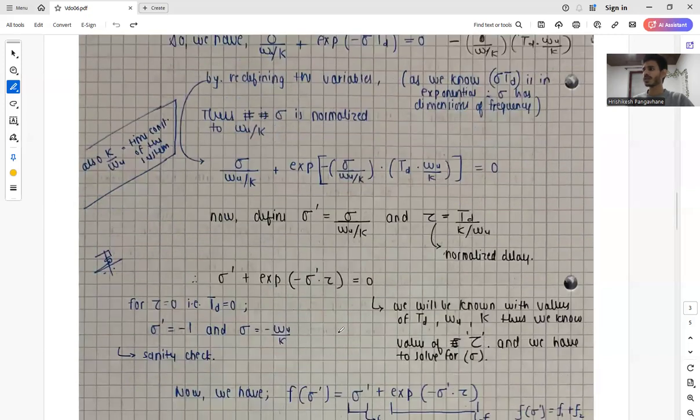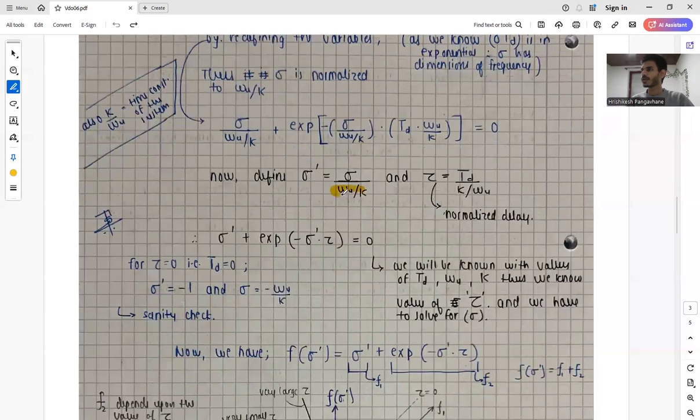Now we will know the values of time delay td and omega u, and we have the value of k, thus we know the value of tau, and we have to solve for sigma. Basically sigma is nothing but the denormalized value of sigma prime. So again we have the value of omega u by k. If we have sigma prime, then we have our sigma.